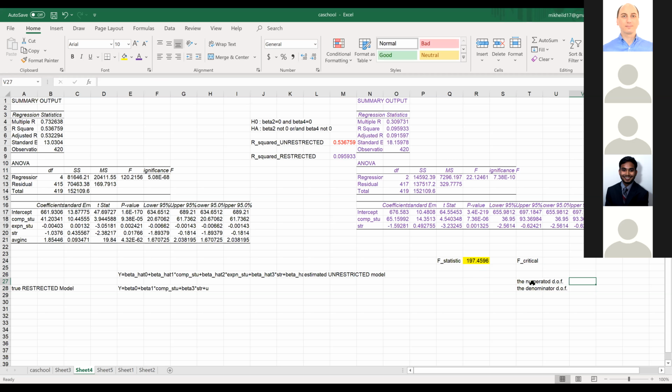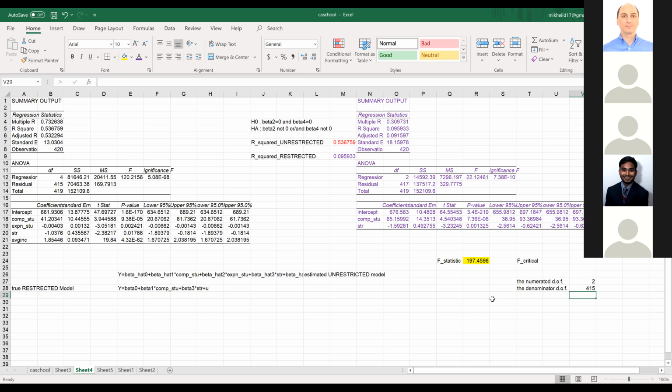I said before that the numerator degrees of freedom is the number of restrictions, which in this case is 2. What's the denominator degrees of freedom? That's n minus k minus 1. In this case, it's 420 minus k, where k is 4, minus 1. That's 415.